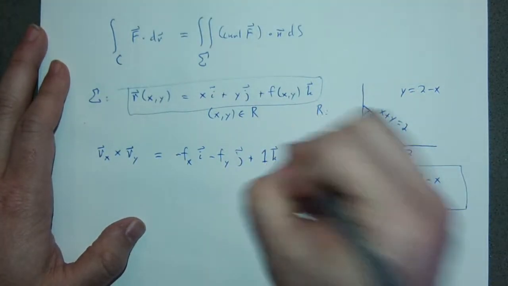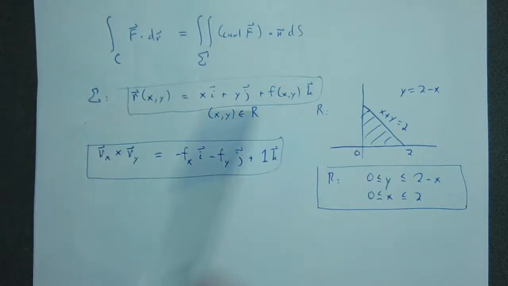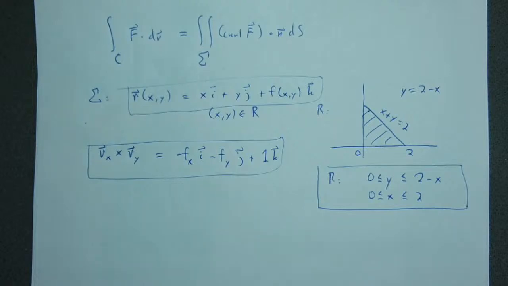You can just verify that this is how it works. So in the event that our parameterization is given by the graph of a function, we always know this. But you've got to be careful here. If it's not in exactly this form, this isn't going to be true. You're going to have to compute this by hand. And when we compute this, we will check that the normal points in the same direction.